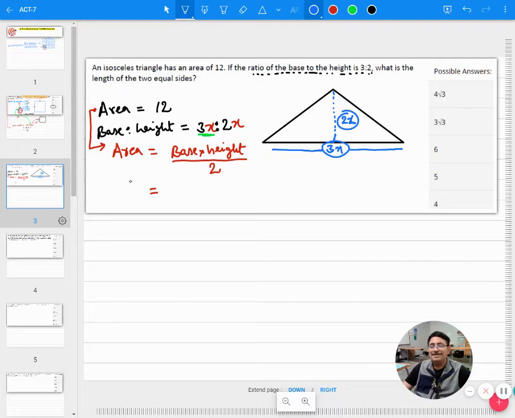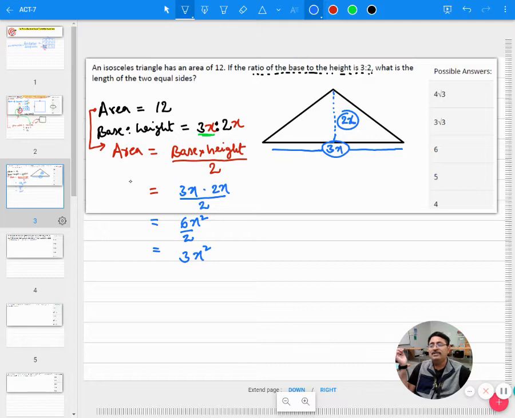Now, base is 3x and height is 2x over 2. So 3 times 2, that gives me 6, x times x, that is x square. Therefore, it is 6x square divided by 2, that gives me 3x square.